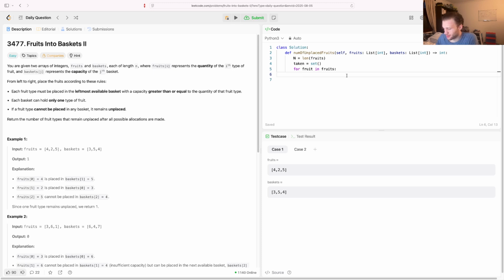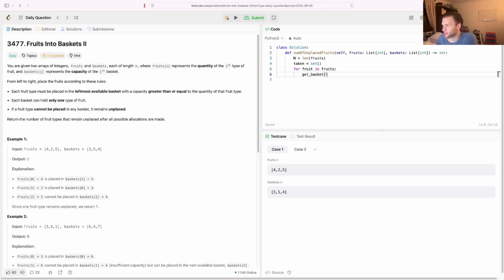Okay, so get first basket. Naming functions is hard. I'm so bad at naming, I don't know what to call it. Let's call it get basket.